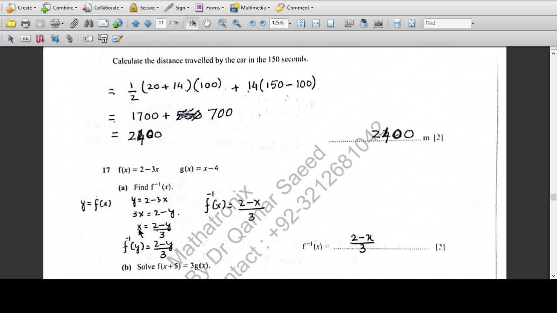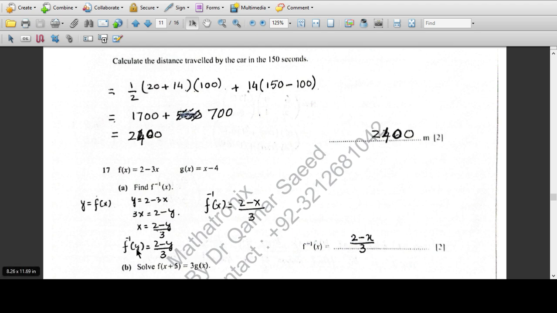Since y is equal to f of x, taking the f inverse on both sides, x is f inverse y. So f inverse y is 2 minus y upon 3.